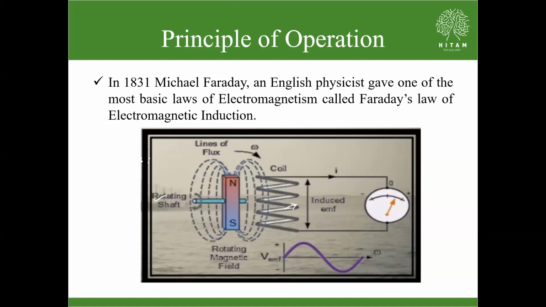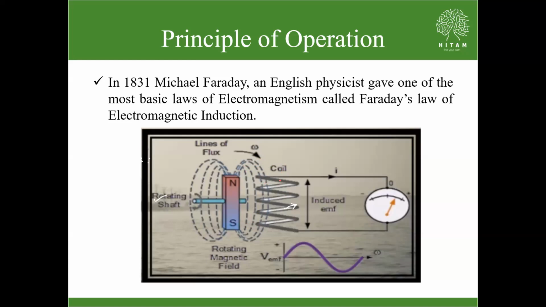According to Faraday's laws of electromagnetic induction, whenever a conductor is placed in a varying magnetic field, this is your field. The dotted lines indicate the lines of flux, nothing but your field. The coil is nothing but your conductor.